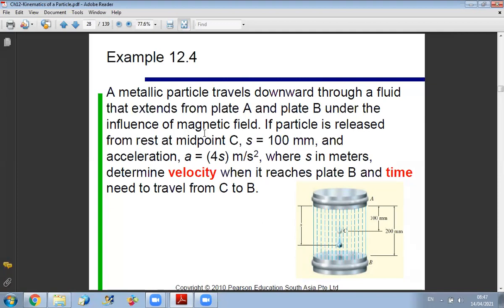So here we have in this problem the acceleration given as a function of position. And the initial position is at C, so the initial conditions are that at t equal to 0, we have that S of C is 0.1 meters. Guys, please pay attention to units. Here, a is equal to 4s in meter per second squared, so I will use s in meter in my relations.